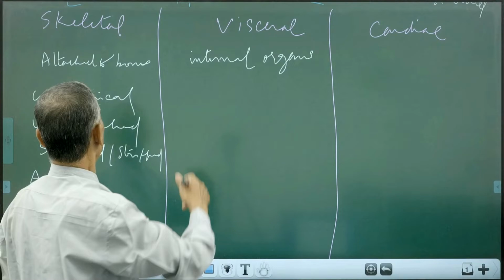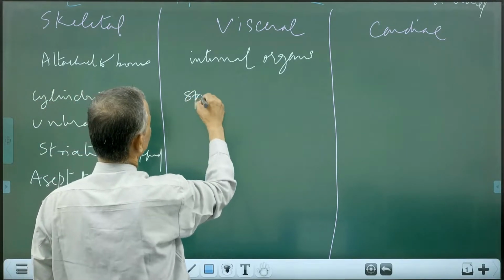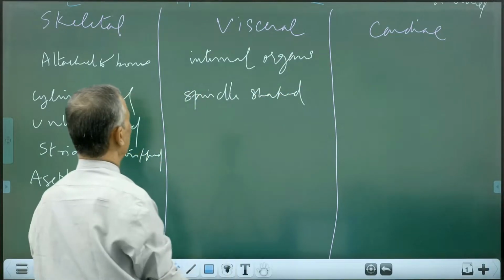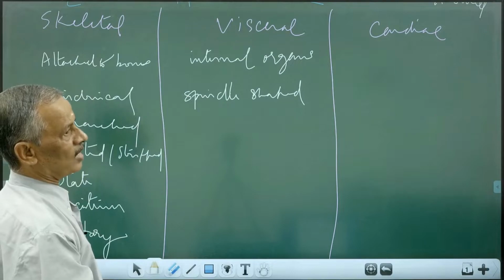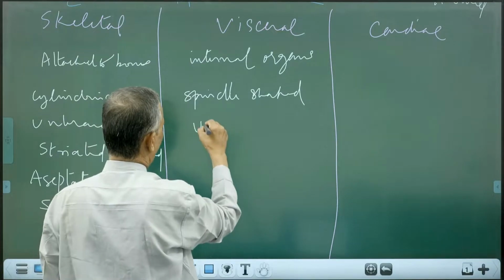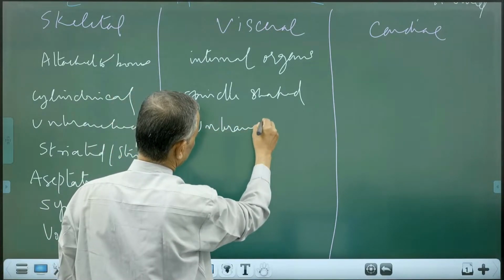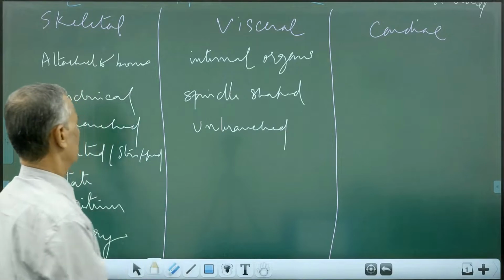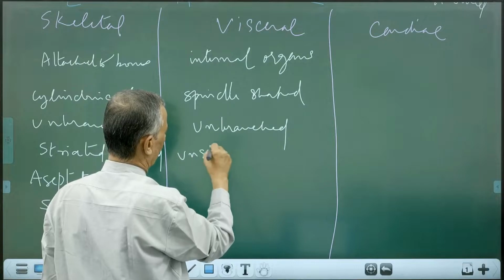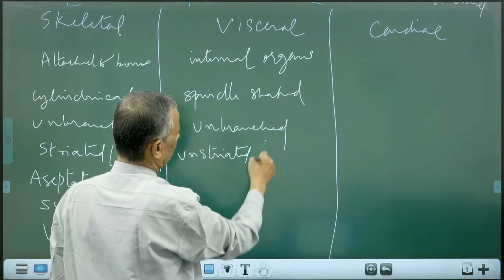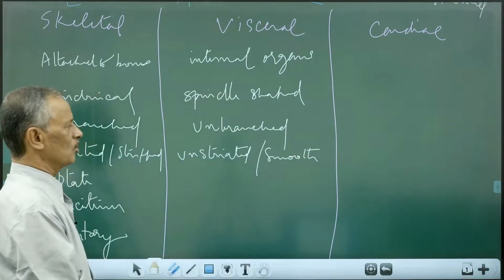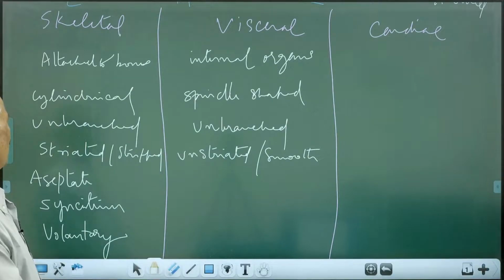These muscle fibers are spindle shaped, elongated with both ends pointed, and the ends are fused together, and they are also unbranched, and there are no stripes. They are all unstriated or unstriped. So they are having a smooth appearance. So they are called smooth muscles because of the absence of striations.